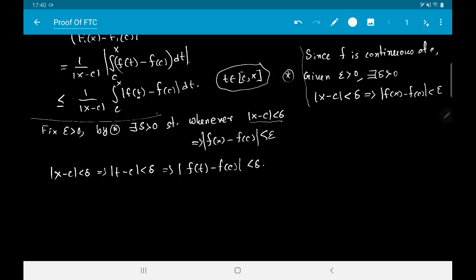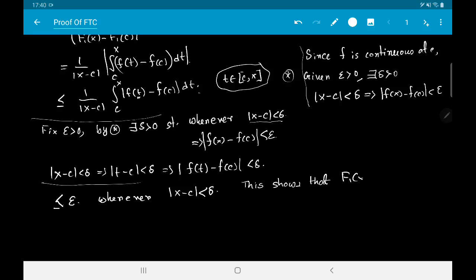So this aside, we see that this quantity is less than or equal to epsilon whenever |x − c| < δ. So this shows that big F is continuous.